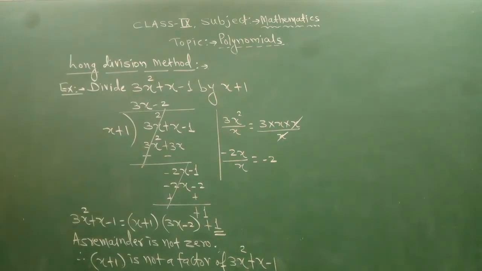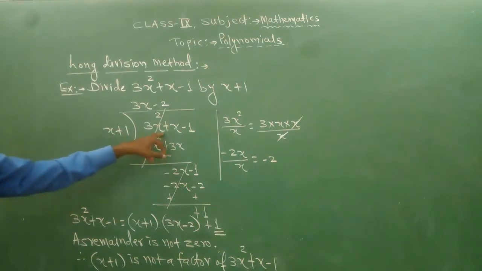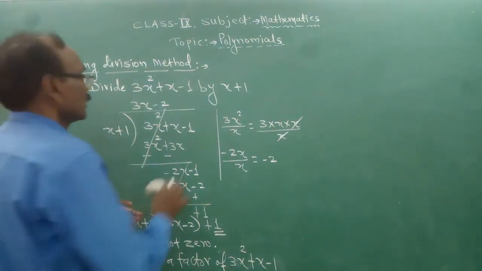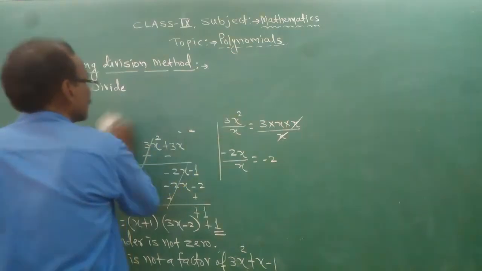So in this way, by using the long division method, we can check whether this divisor is a factor of this dividend or not. Okay, take another example.